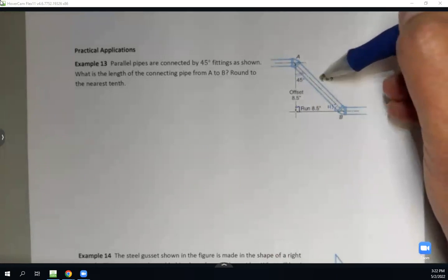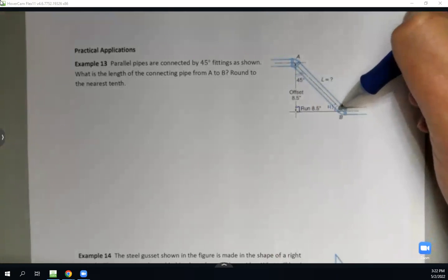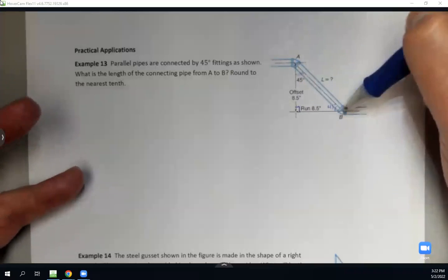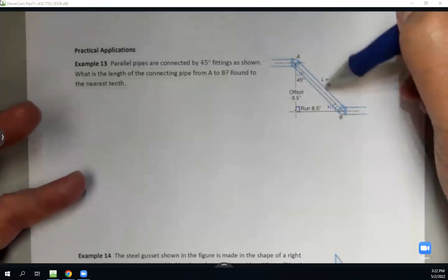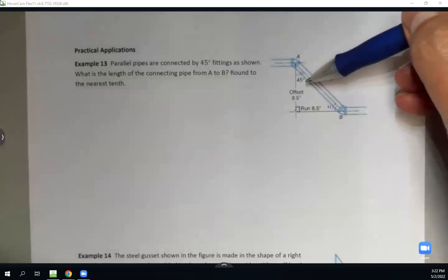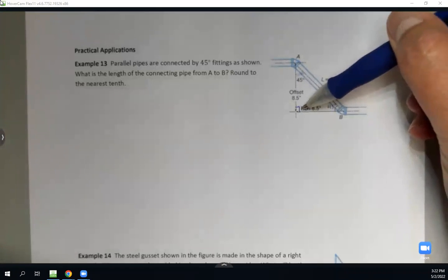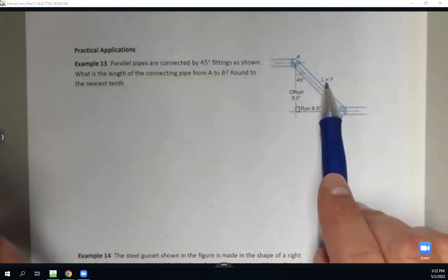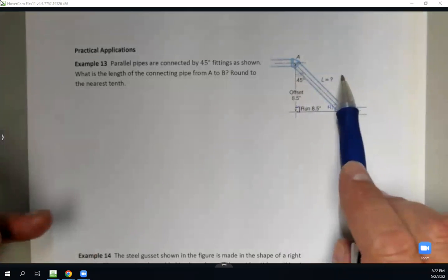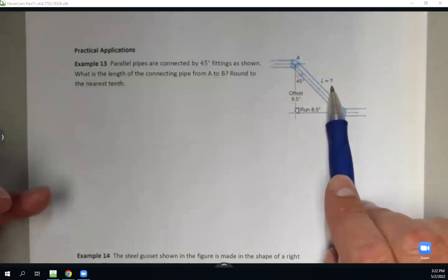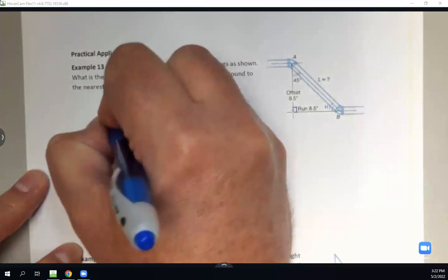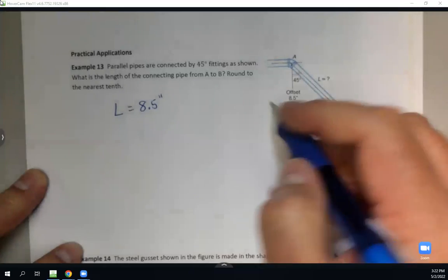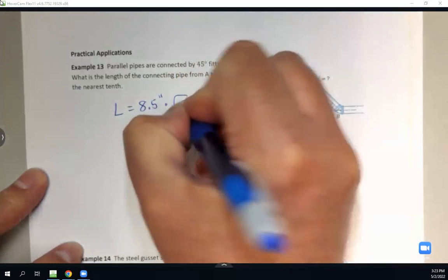So if I want to find the length L, the length of this pipe right here, then because this is a right triangle, I could use the Pythagorean theorem, or I can recognize that this is a 45-45-90 triangle and use the fact that the length will be whatever the leg length is times the square root of 2, okay? So L is going to equal 8.5 inches, the length of the legs, times the square root of 2.